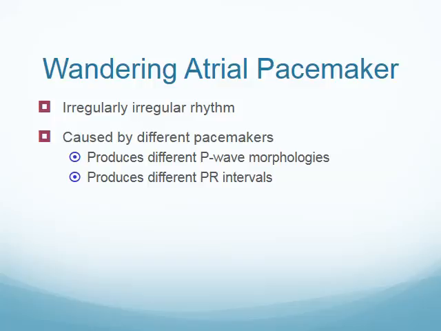For whatever reason, the SA node is not doing its job, and we have different P-wave morphologies caused by different atrial foci that are taking over pacemaker responsibilities. This is going to cause us to have differing PR intervals because of the different locations of the ectopic foci that are causing our P waves.